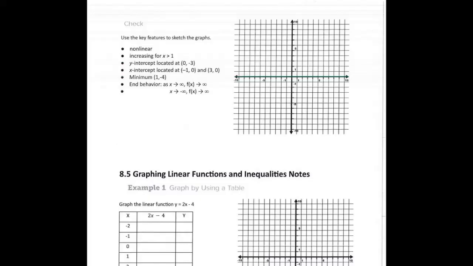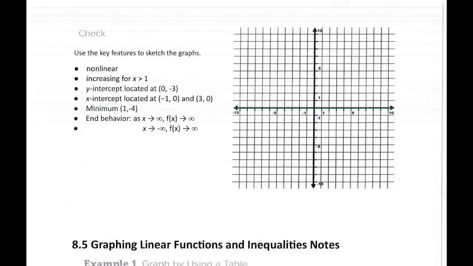Make sure you are putting down those ordered pairs. Come on, you need to try it. Hey, Keandre, come on. You haven't done any of this? Hey, Rashawn, come on.